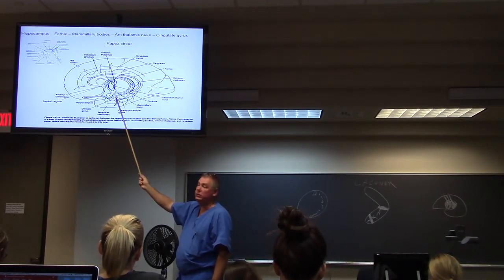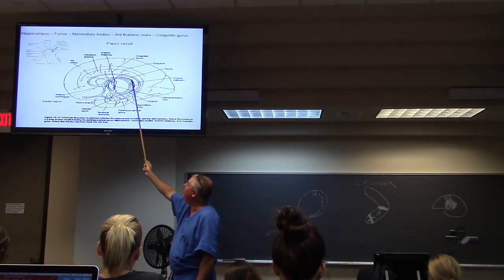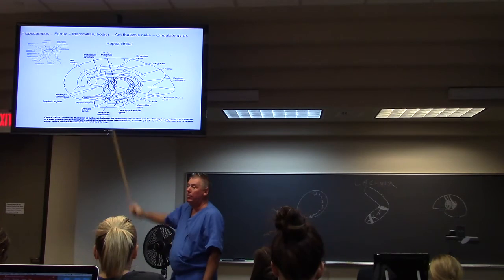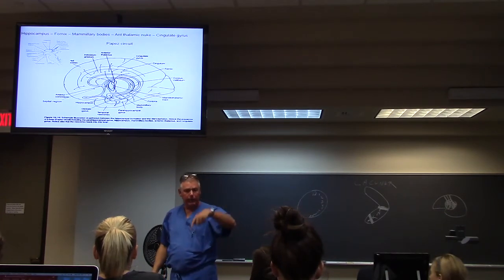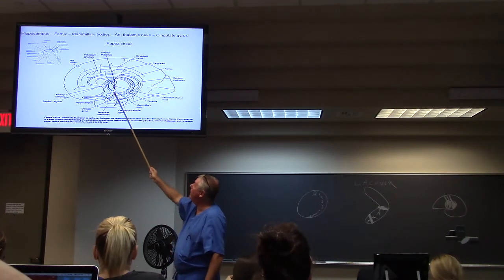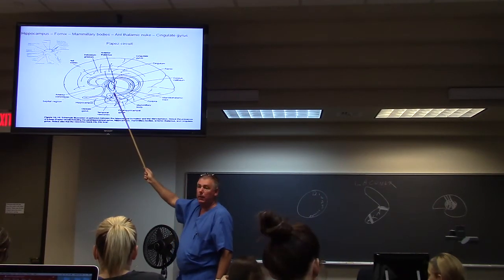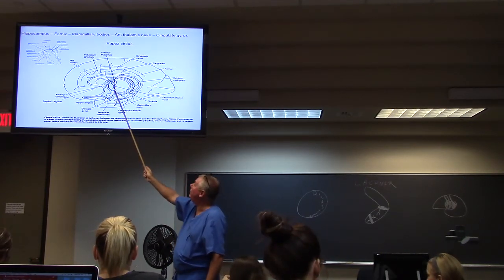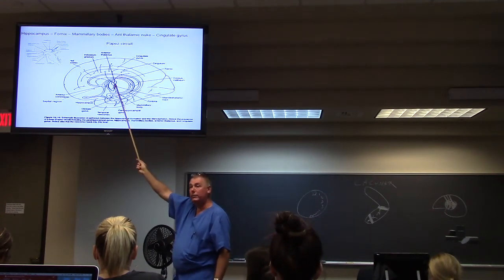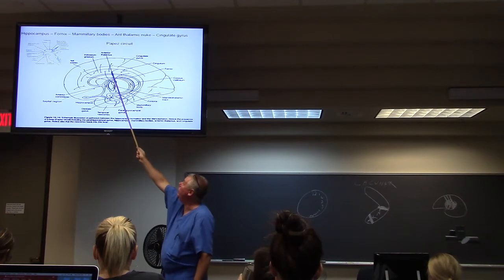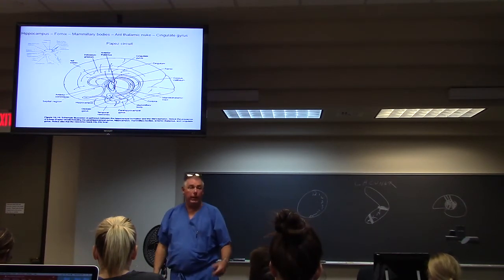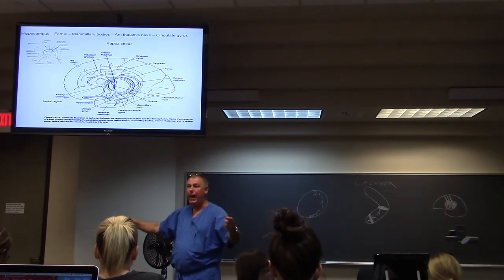The hippocampus projects through this band of fibers called the fornix. Remember on one of those earlier slides I showed you the fornix? That's what it is right there. To the mammillary bodies. The mammillary bodies project to the anterior nucleus of the thalamus. The anterior nucleus of the thalamus projects back to the cingulate gyrus, which projects back to the cerebral cortex. It's a big, fat loop.